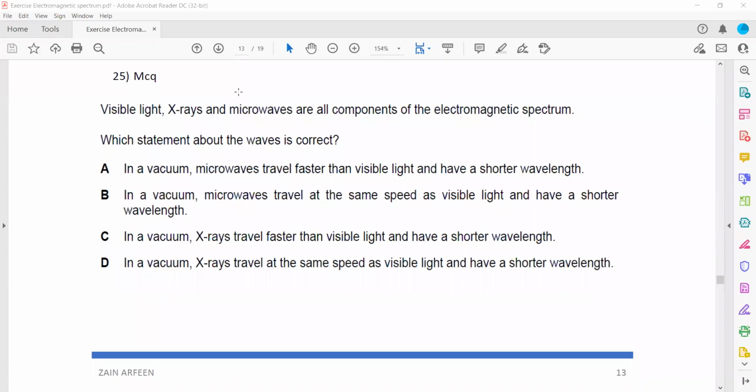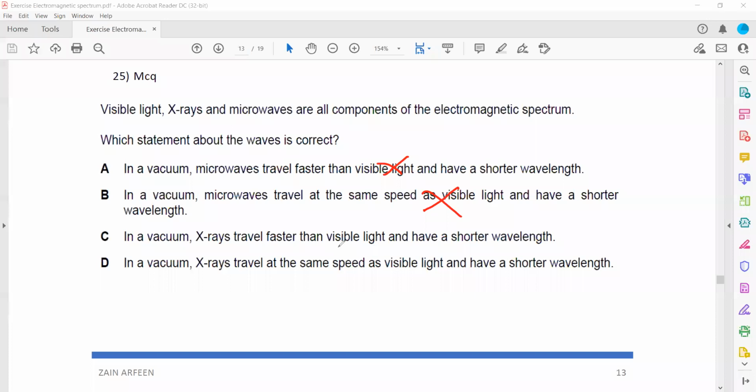In question 25, visible light, X-ray, microwave are all electromagnetic. Which statement is correct? In vacuum, micro travels faster, that is wrong. In vacuum, micro travels at the same speed as visible, and both have a shorter wavelength, that is wrong because micro wavelength is longer.